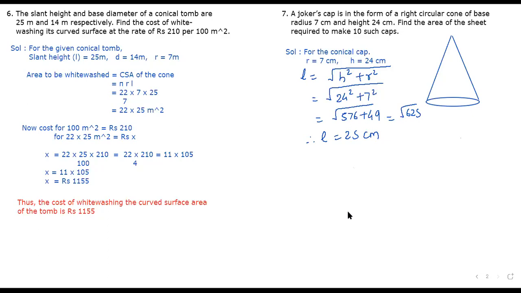Because I know that 24, 7 and 25 form a Pythagorean triplet. If you want, you can put the values here. This is 7. This is the height. Now you have found out the slant height. 7, 24, and hence it is 25.